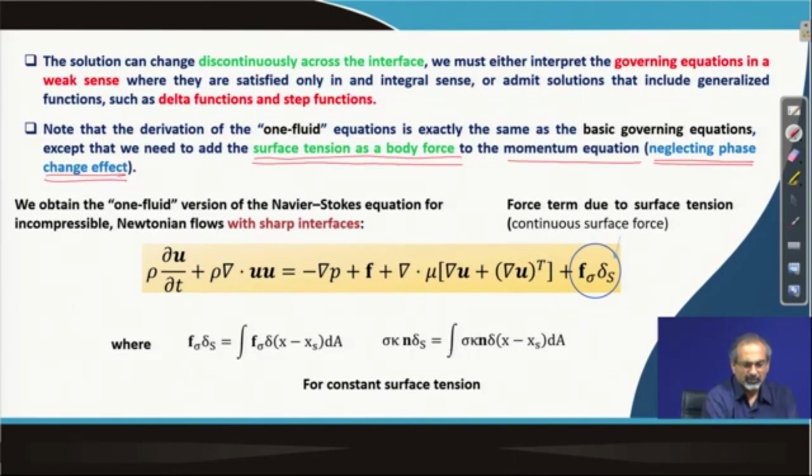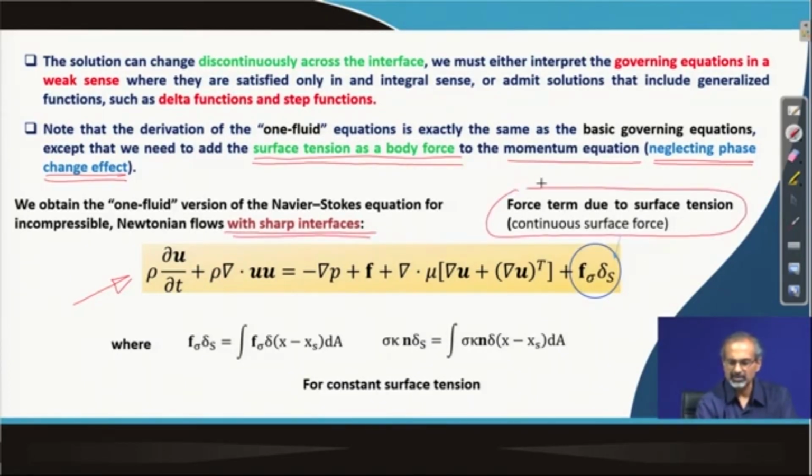Now, in the one fluid version of Navier-Stokes equations, we have the interfaces accommodated in the form of a forcing term due to surface tension, and this has a form which we have discussed earlier, and we are introducing the delta function. Remember that as long as this x falls somewhere on the interface, which is defined by this S, then the delta function becomes active, and therefore, you have a spike formed in that region.